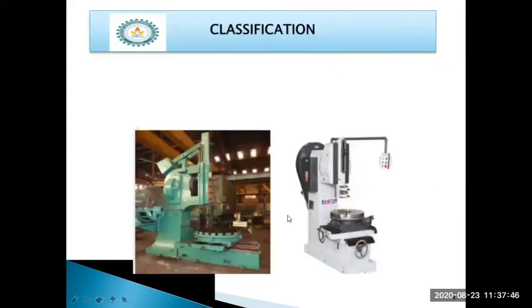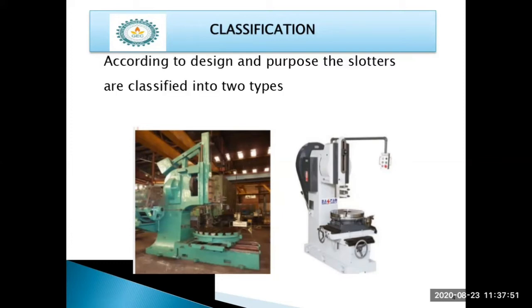Classification of slotting machines. There are mainly two types of slotting machines. The first one is the puncher slotter, and the second one is the precision tool room slotter, or precision slotter. In the puncher slotter, the ram is driven by a rack and spiral pinion mechanism, and it is a heavy and rigid machine.